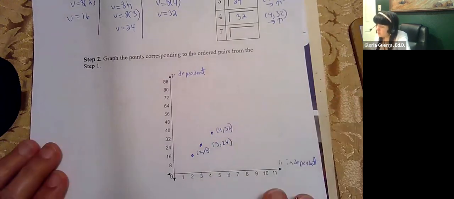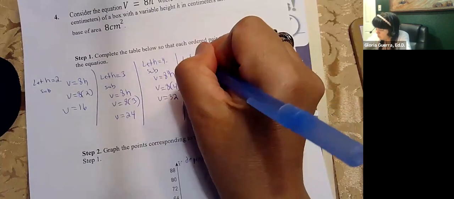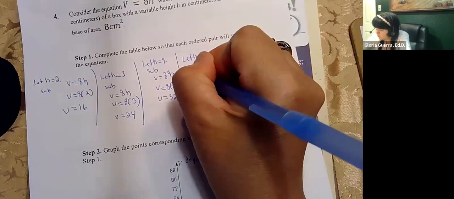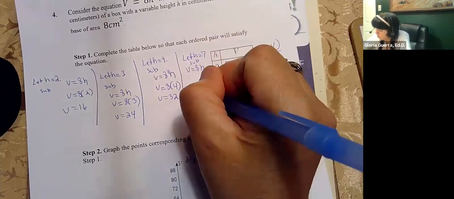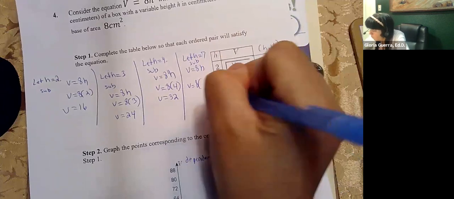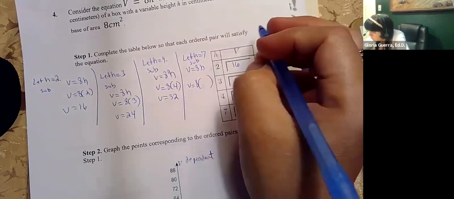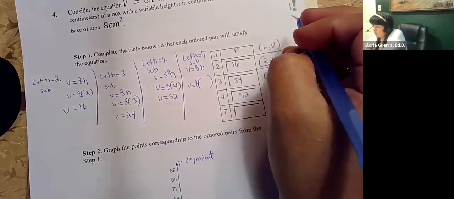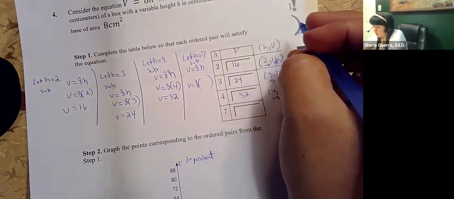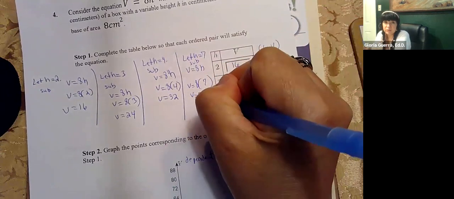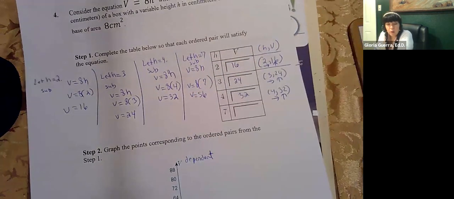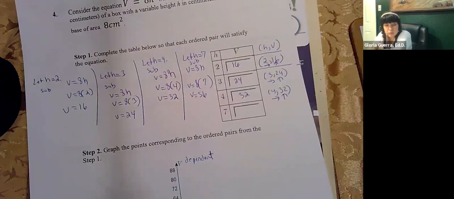And then 7. H equals 7. B equals 8H, and we're substituting. B is 8 times H, and you let H be 7, which is 56.